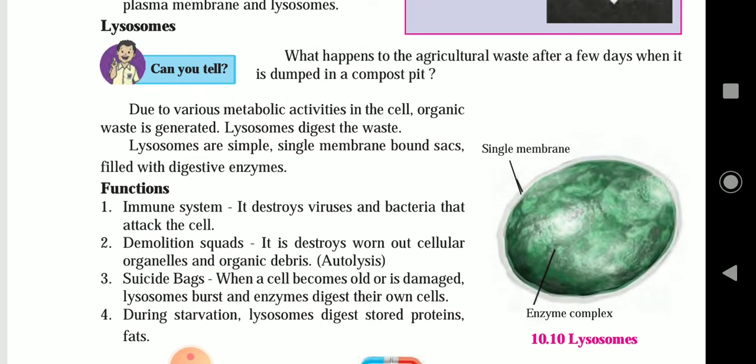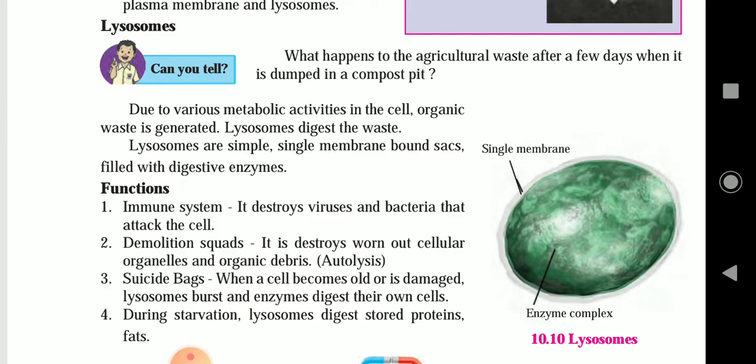Lysosomes. Due to various metabolic activities of the cell, these cells have lysosomes, and these lysosomes have digestive enzymes. When the cell becomes old, or there are some cell organelles inside which do not work, this lysosome secretes out these enzymes and the cell gets degraded.